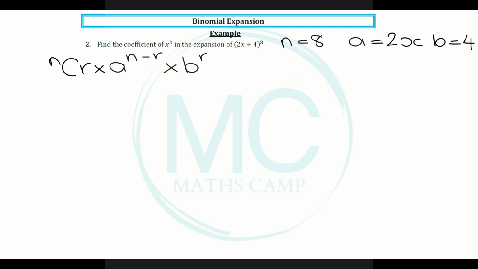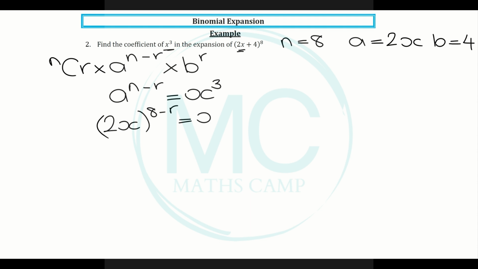The question asks us to find the coefficient of x cubed. And in the bracket, we can see that our a term is 2x. So in other words, we know that a with an exponent of n minus r is equal to x with an exponent of 3. Let's put in our values. We have 2x with an exponent of n, which is 8, minus r, is equal to x cubed.